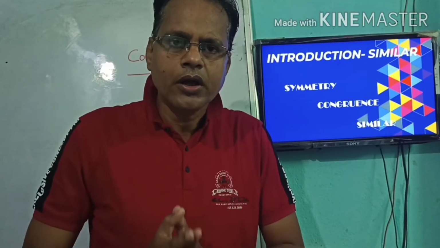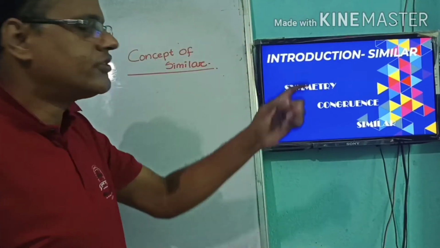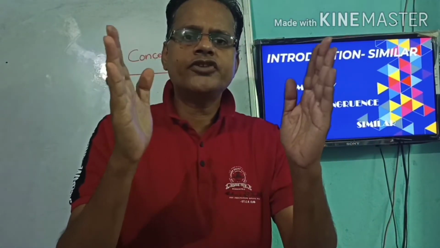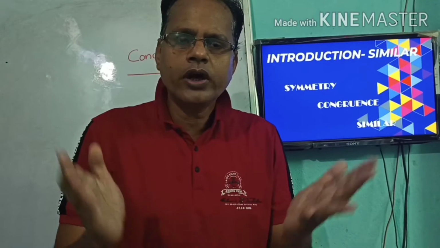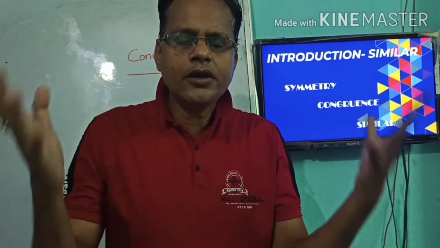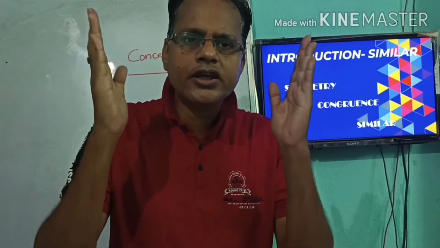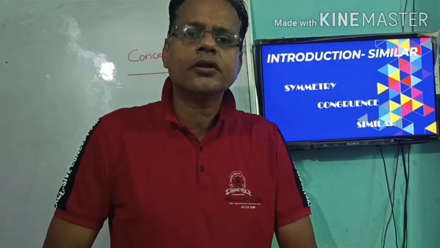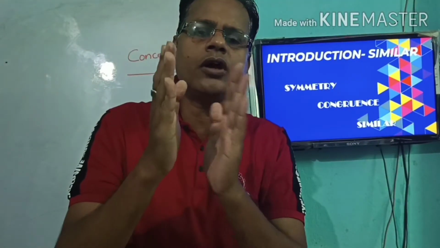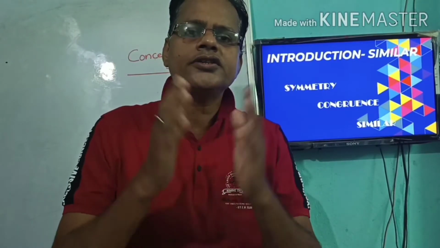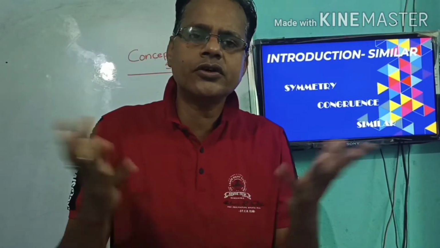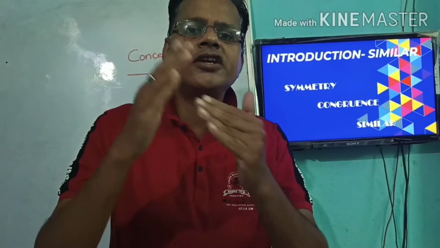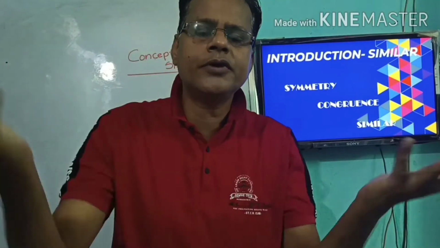Are you getting the point? You know very well what is called symmetry, where an object is folded, and if the two parts exactly match, then that particular figure or object is considered a symmetrical object or symmetrical figure.